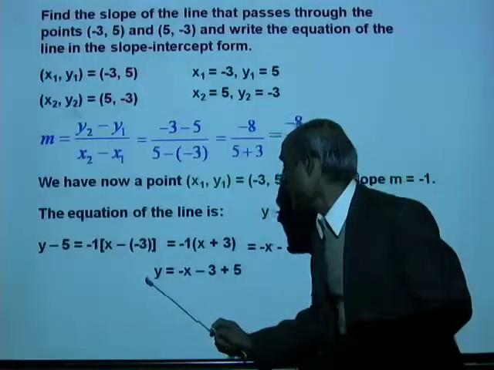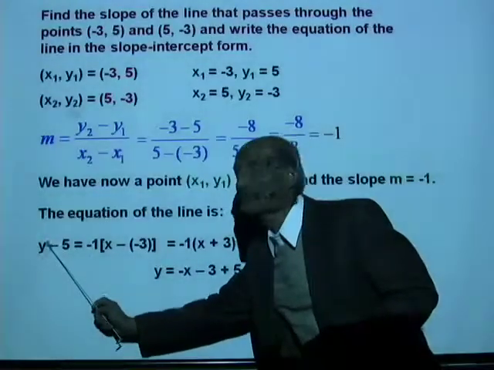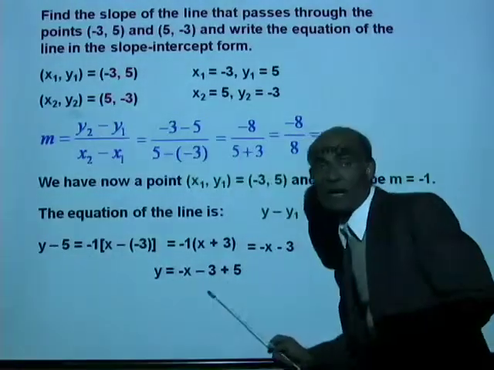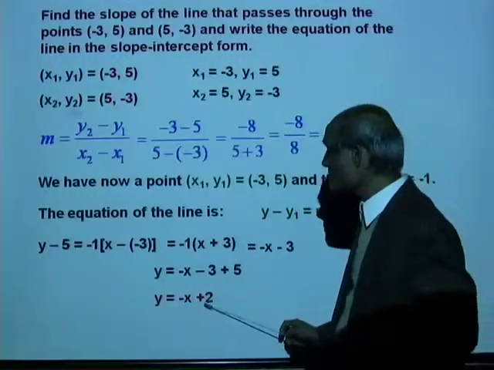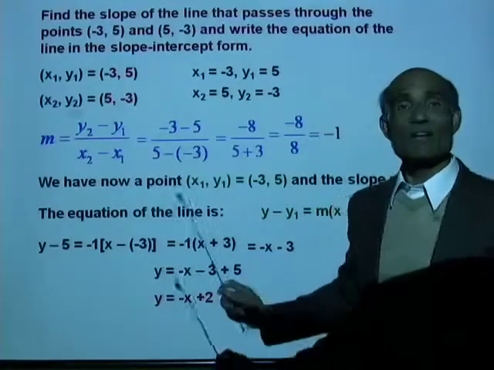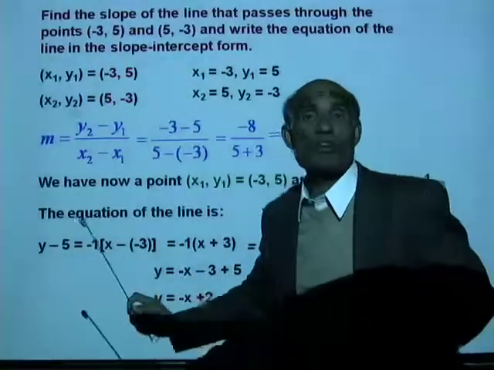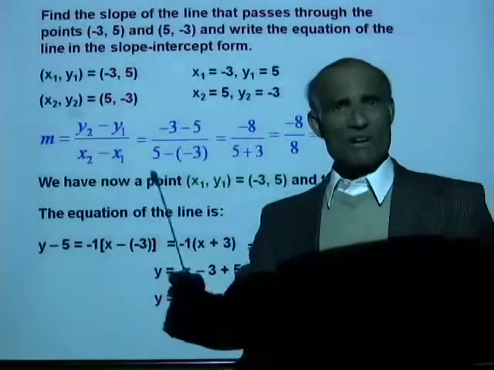So we got y equal to -x minus 3, and move this -5 to the right. That becomes plus 5. You get y equal to -x plus 2 is the equation of that line. You must practice these kinds of questions on your own. But I know this is not much of a deal for pre-calculus level.